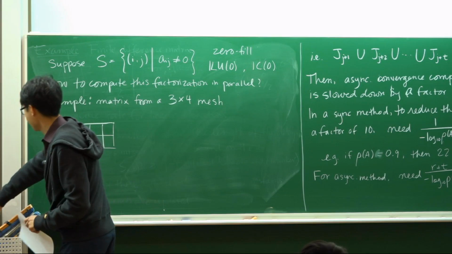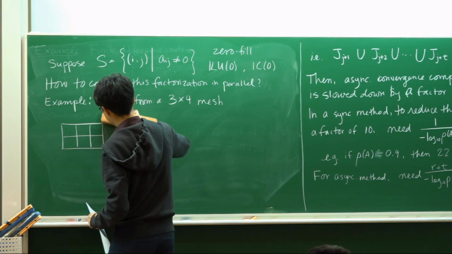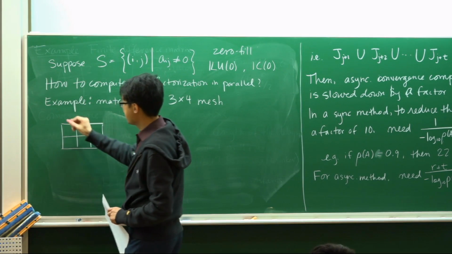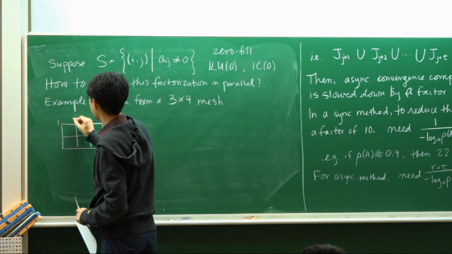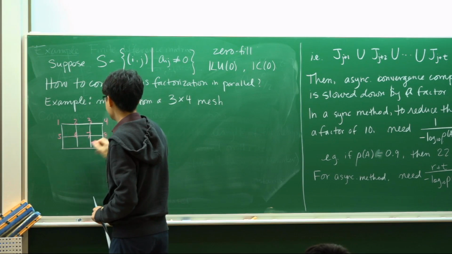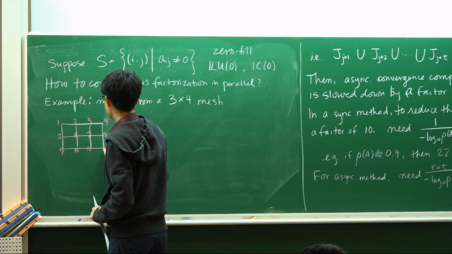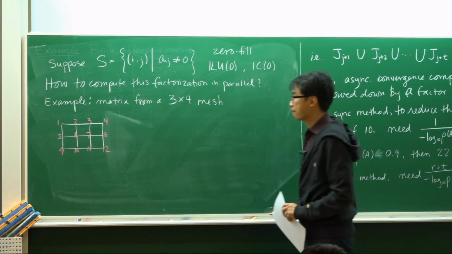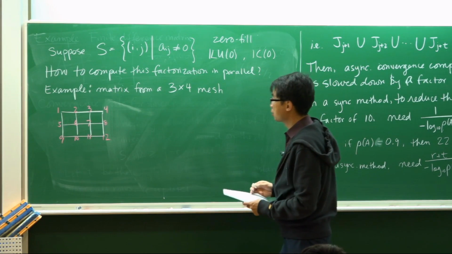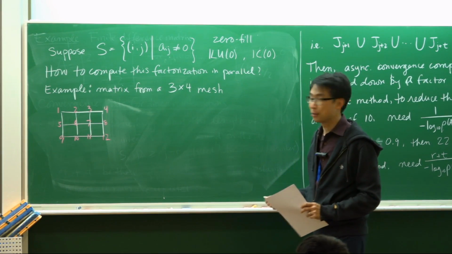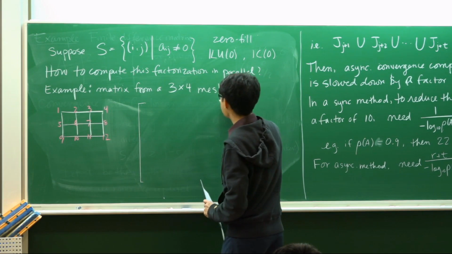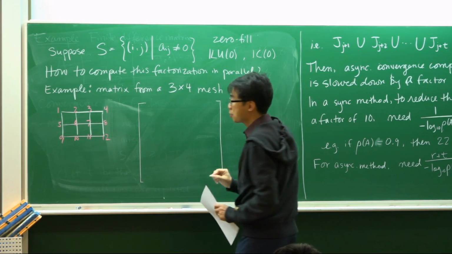Make it 3 by 4. And I'm going to number the vertices of the mesh: 1, 2, 3, 4, 5, 6, 7, 8, 9, 10, 11, 12. Okay? And let me now write down what the matrix looks like. I'm just going to draw the sparsity pattern for that matrix. So the matrix has 12 rows and 12 columns.